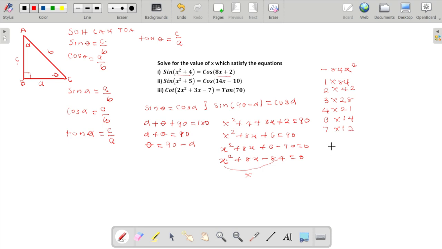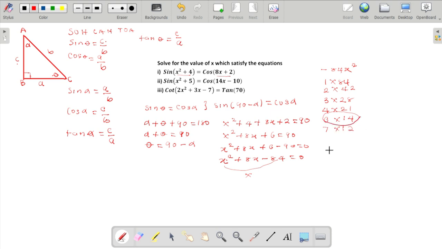Now among all these factors, we look at the pair that adds to give us 8. Quickly you can see that 14 and 6 can do that.